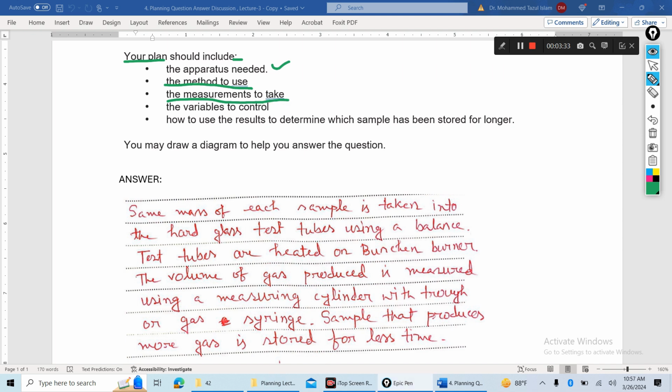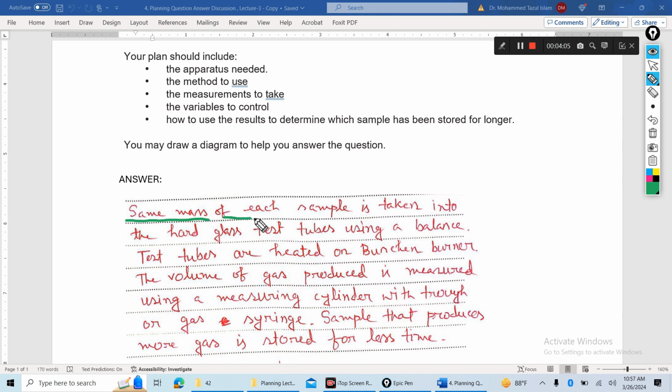If you measure volume of gas, you have to write what measurements you take, the variables to control, and how to use the result to determine which sample has been stored for longer. By using your result, how can you conclude which sample has been stored for a longer time? You may draw a diagram to help you answer questions. So at first, this is the answer.